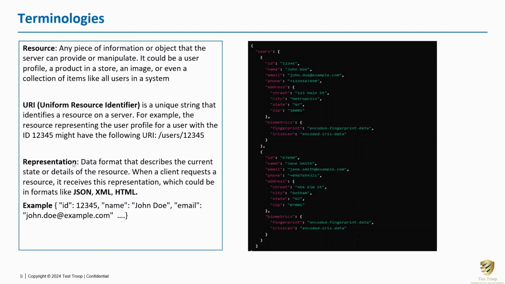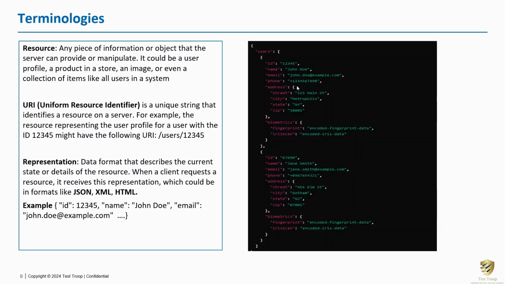The third terminology is called representation. Representation is a data format that describes the current state or details of a resource. When a client requests the resource, it receives this representation from the server, which could be in a format like JSON, XML, or HTML.